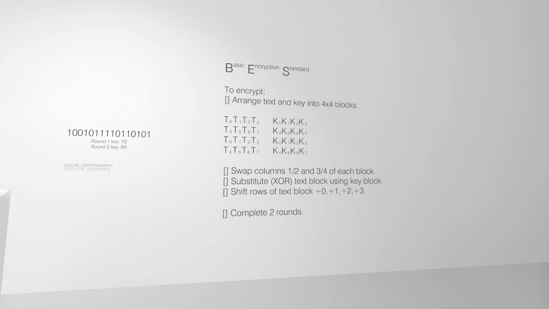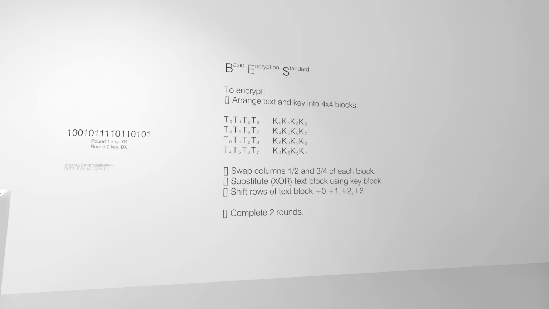Swap columns 1, 2, and 3, 4 of each block. I'm confused by this. Substitute text block using key block. Shift rows of text blocks. Plus 0, plus 1, plus 2, plus 3. Complete 2 rounds.